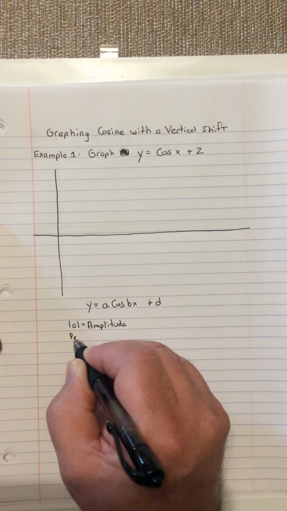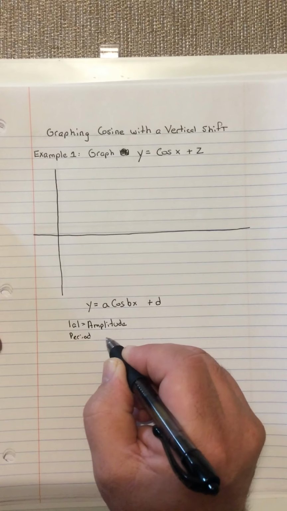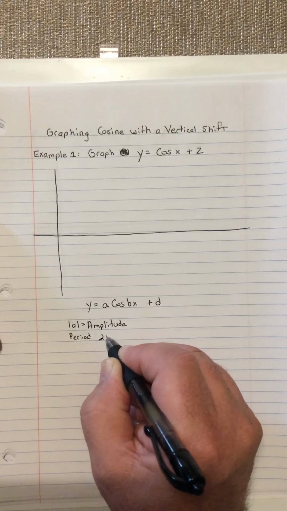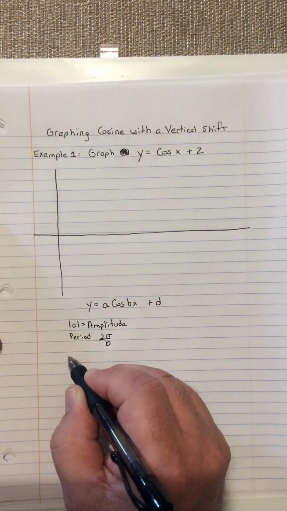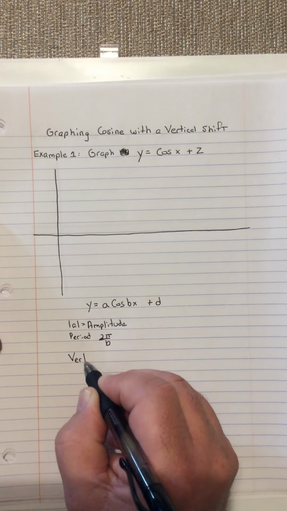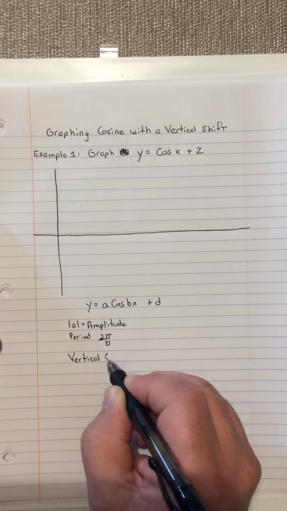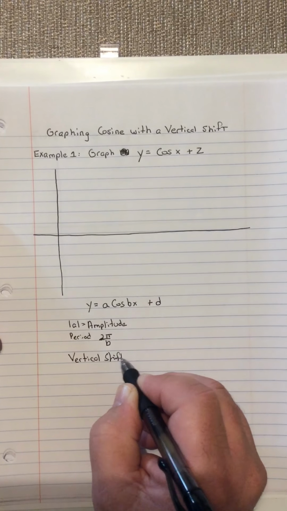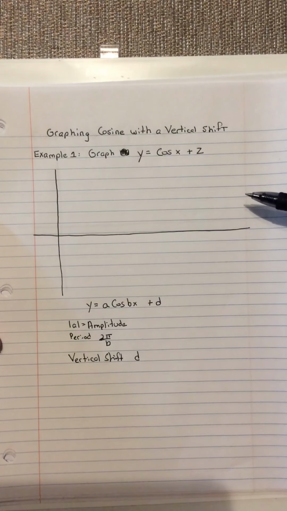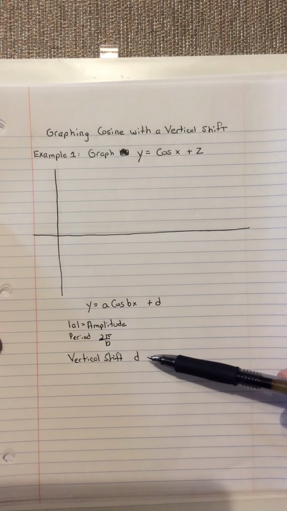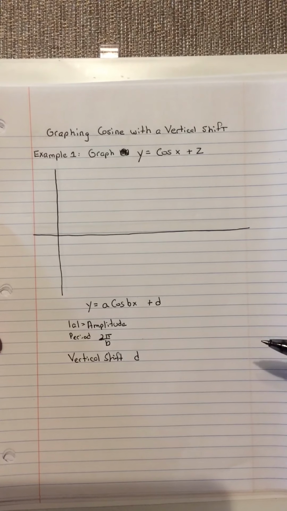The period is always 2 pi over b. And now the vertical shift will be d. If d is positive, everybody's moving up. If d is negative, everybody's moving down.